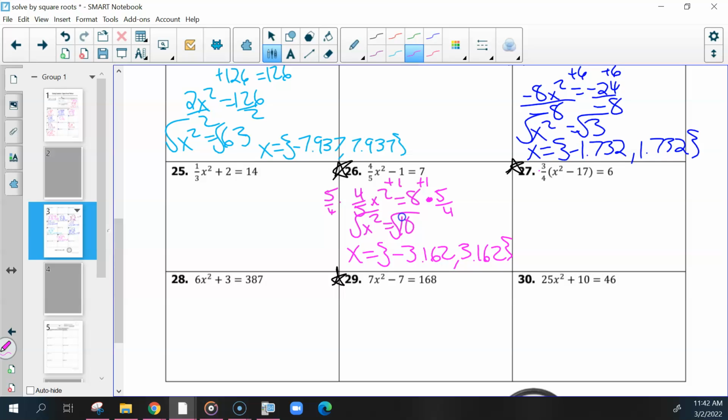So let's take this and flip it and multiply it to the other side. 6 times 4/3 will give you 8.